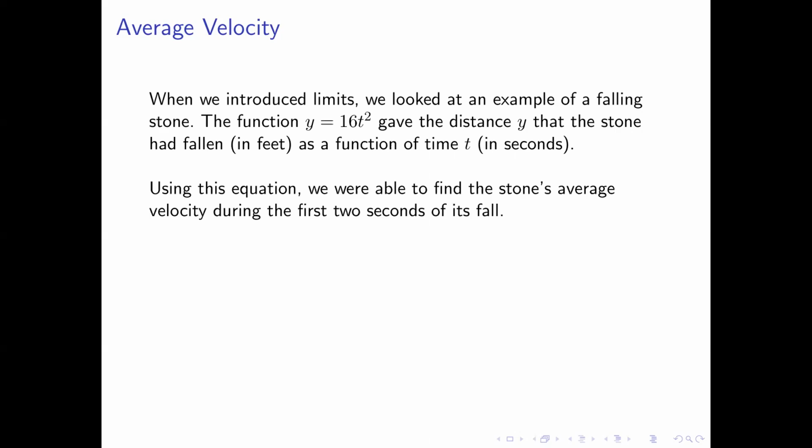And so one thing we were able to do with this equation is to find the stone's average velocity during the first 2 seconds of its fall, starting at time 0 and going to time 2. We did this by using this formula for the average velocity of a moving object, change in position over change in time.